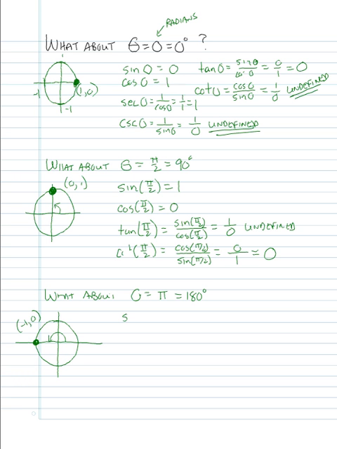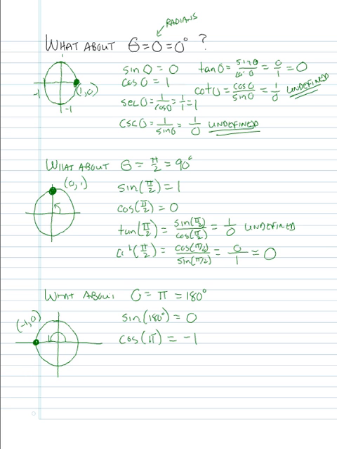So from there we can say, okay, what's the sine of 180 degrees, or pi? Well, that's the second coordinate. That's 0. What's the cosine of pi? Oh, that's the first coordinate. That's -1.